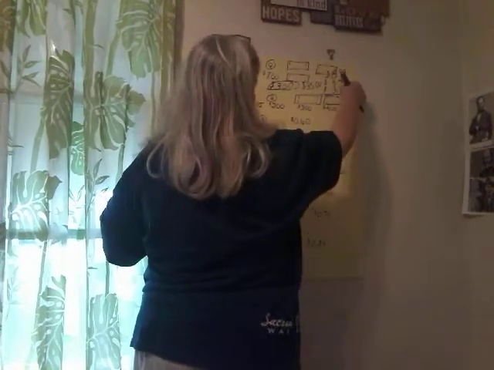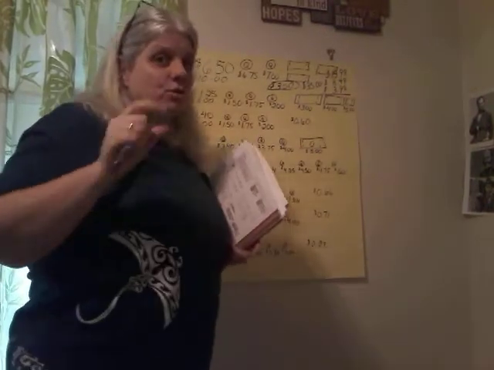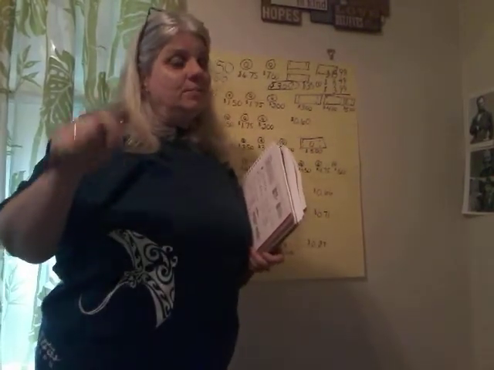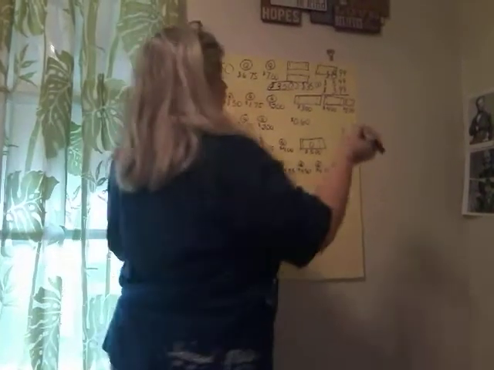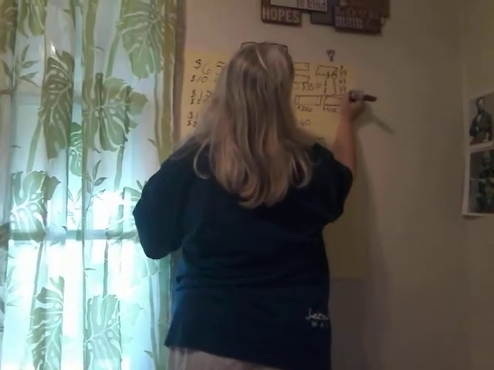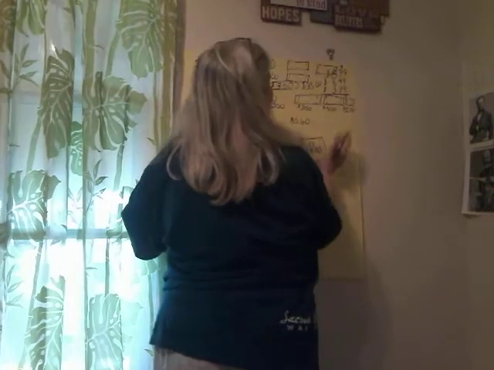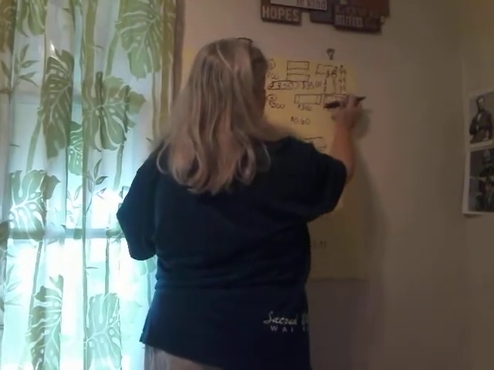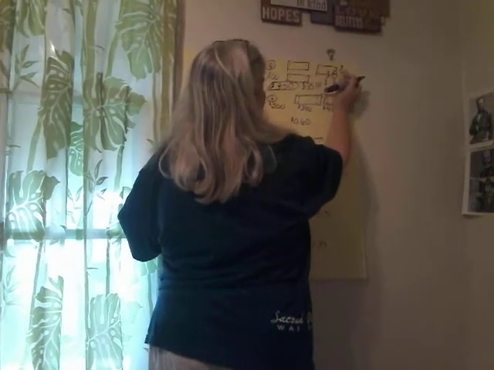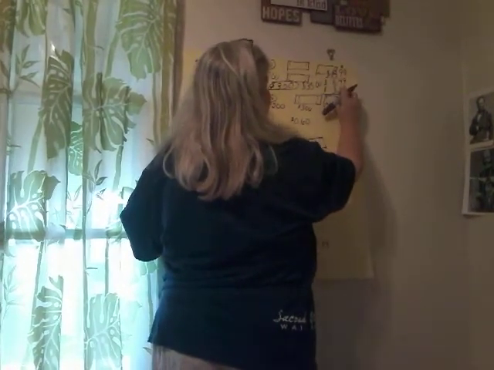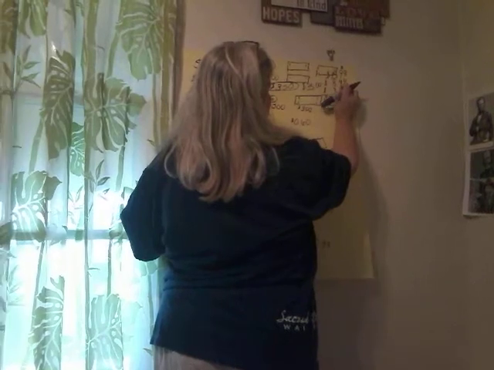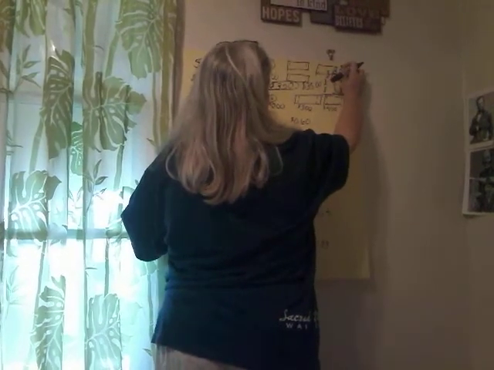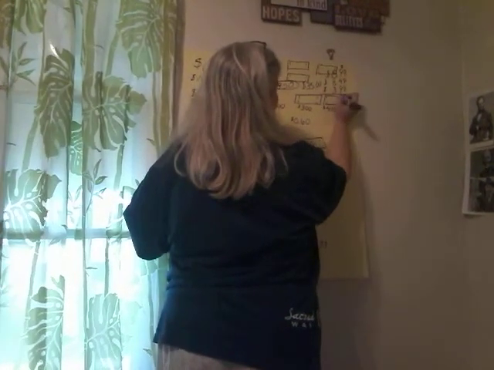So 9 and 9 and 9. Remember, we have a shortcut. We can multiply. 9 times 3 is 27. Because they're all the same. So 9 plus 9 plus 9 is the same as 9 times 3, 27. Okay, and then we had 18, 20, 24.